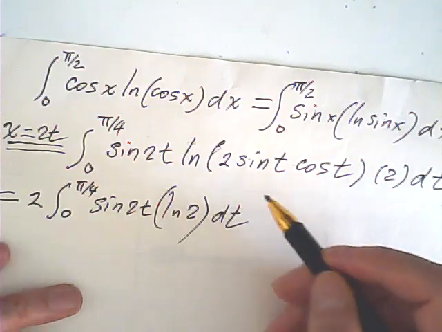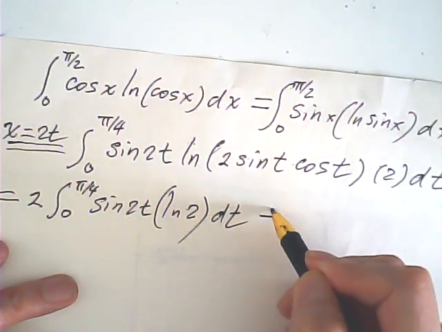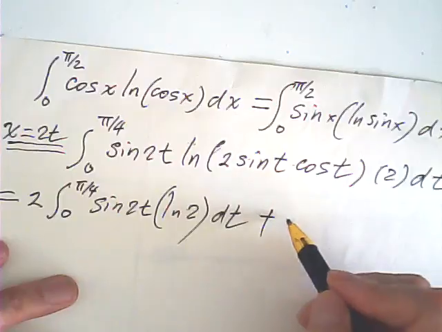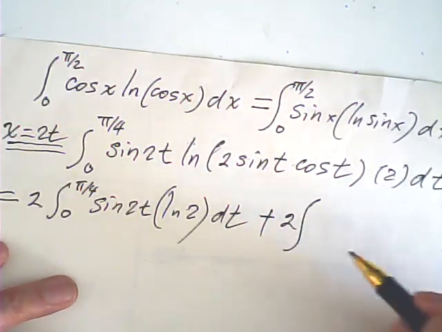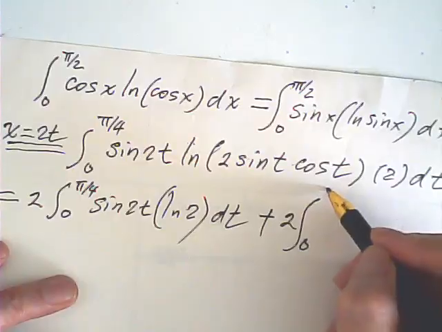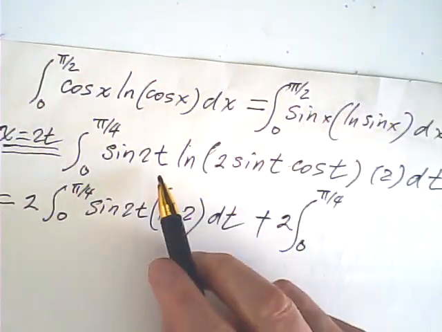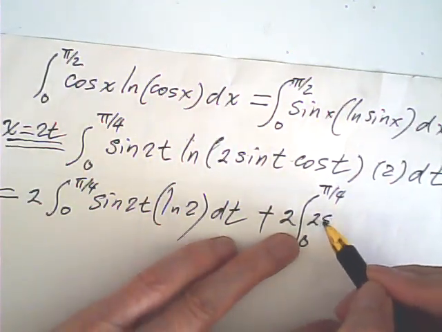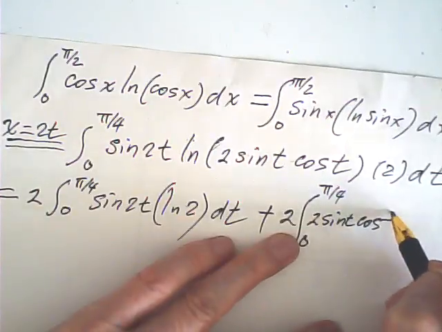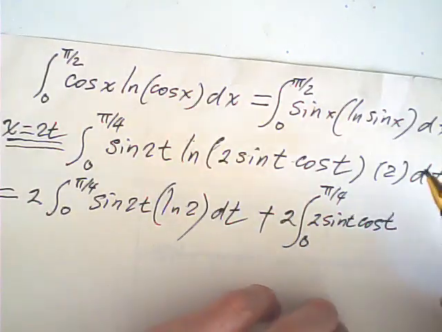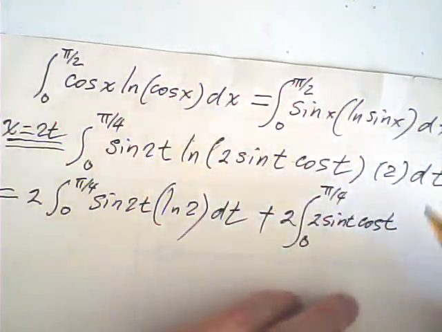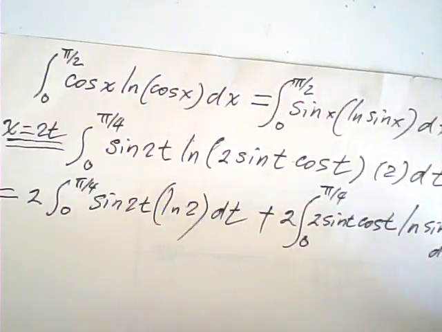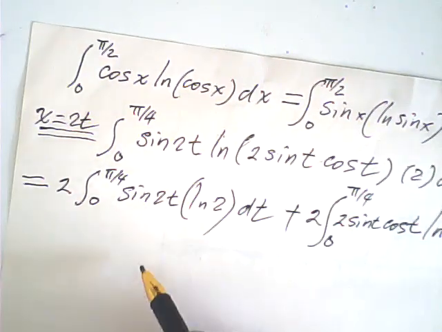And then plus 2, this 2. Have to work carefully because it's easy to make a mistake. This will be sine 2t, which is 2 sine t cosine t, times log sine t dt. Right, that's the second one.